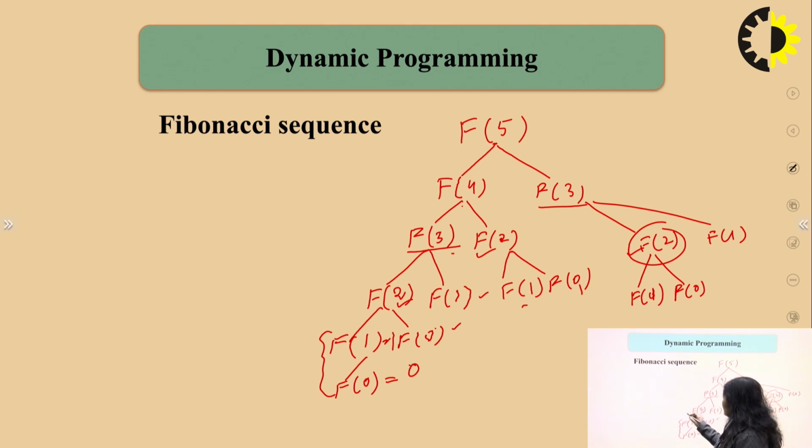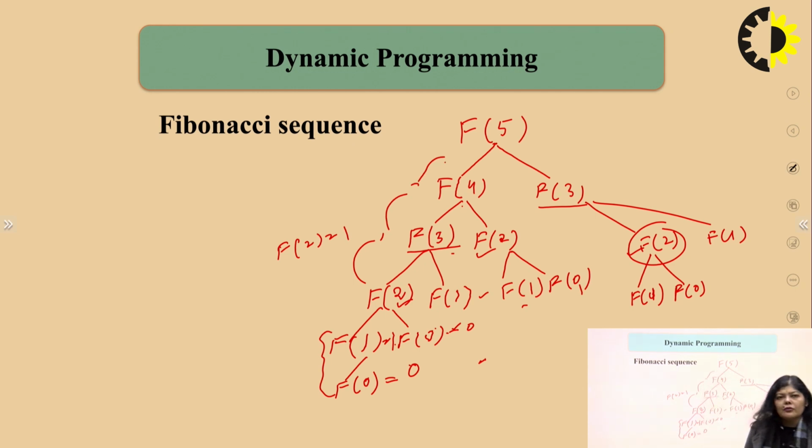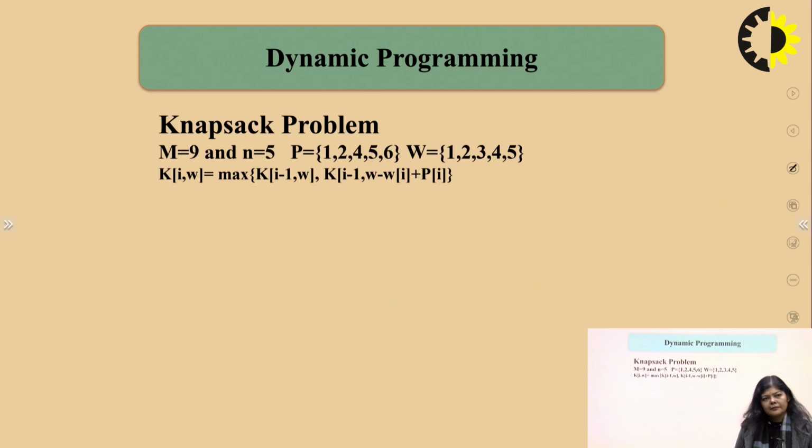For F2, the solution is the sum of these two, so 1 plus 0 is 1, right? That way we build up the solution towards the upper part, and we will eventually be able to solve the problem.